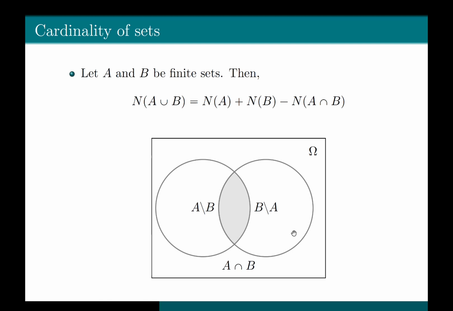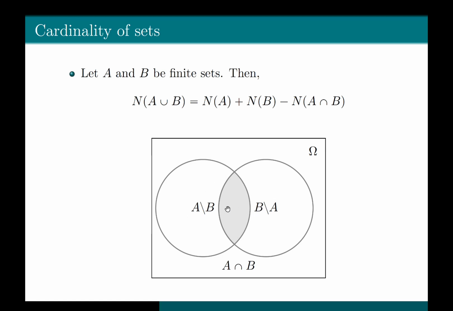Okay, and if we carefully notice, this A minus B, which is the white region inside A, is disjoint with this gray shaded region, which is A intersection B, and both the sets are further disjoint with B minus A, which is this white region inside the set B. Therefore, A minus B, B minus A, and A intersection B are all disjoint. These three sets are disjoint.